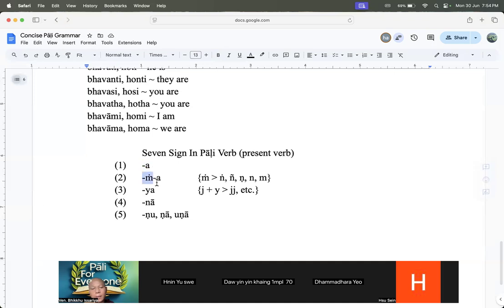But roots with the niggahita are fewer, maybe just around 20 or 50. Roots with ya are also around that. Roots with na are maybe only 4 or 5. Roots with nu na, commonly we have only 2 or 3. So in this way we can find.